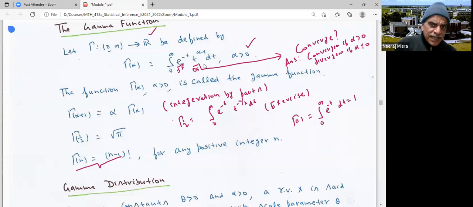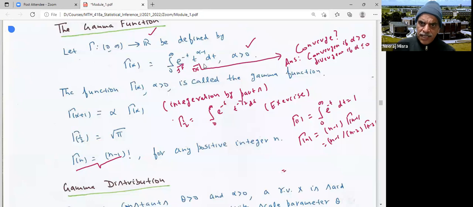So gamma of n would be nothing but n minus 1, one less, times gamma of n minus 1. Now again apply this formula to gamma of n minus 1. It would be n minus 2 times gamma of n minus 2.